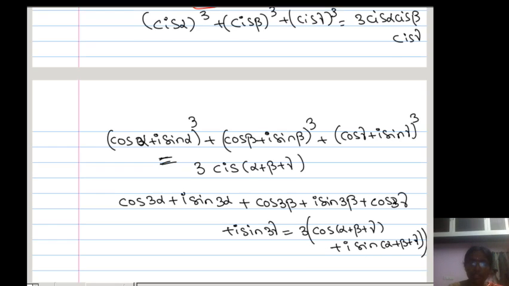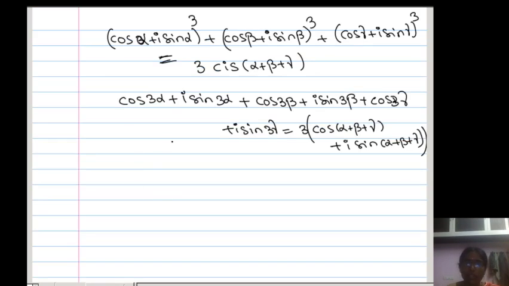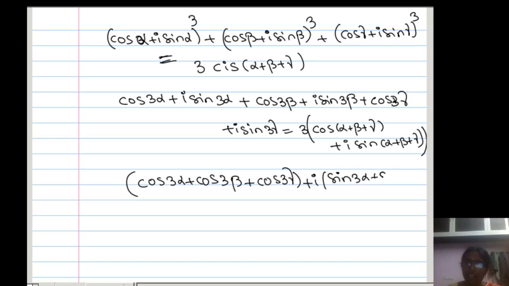Okay, so now taking the real part and the imaginary part at a time, comparing on both sides, you will get our required proof. The LHS is cos 3 alpha plus cos 3 beta plus cos 3 gamma as the real part, plus i common, sin 3 alpha plus sin 3 beta plus sin 3 gamma.